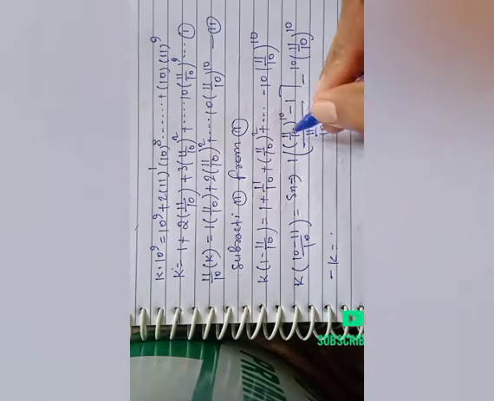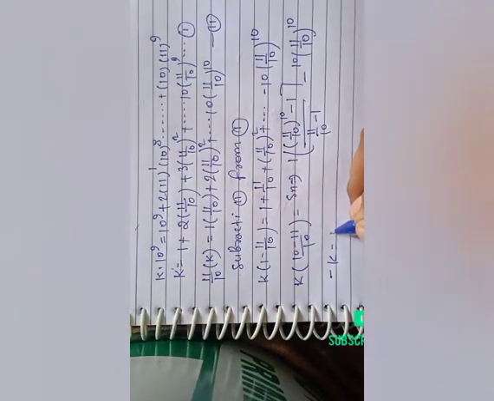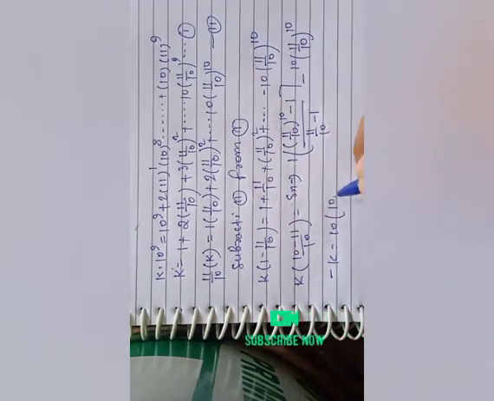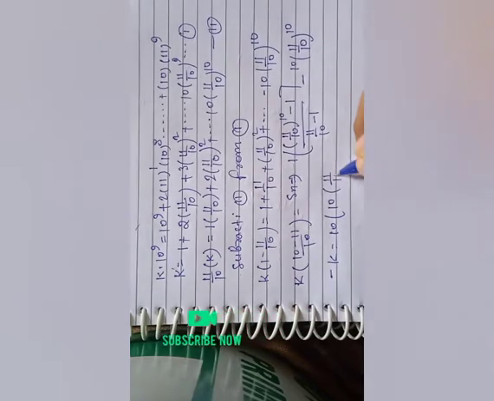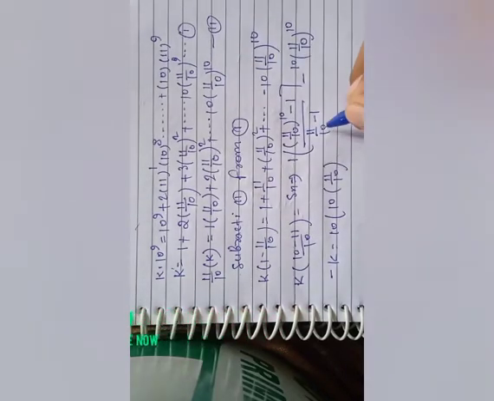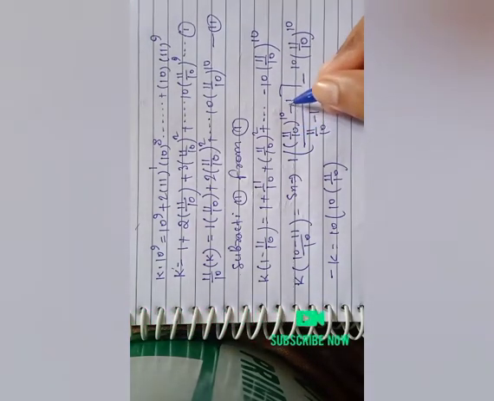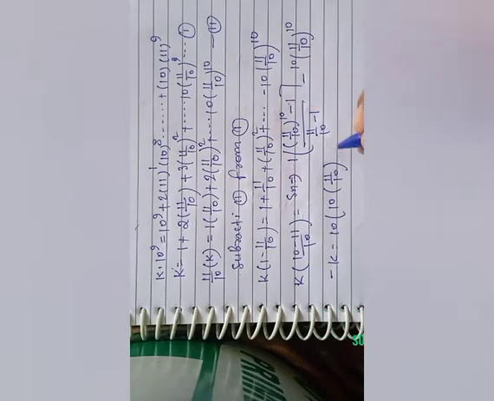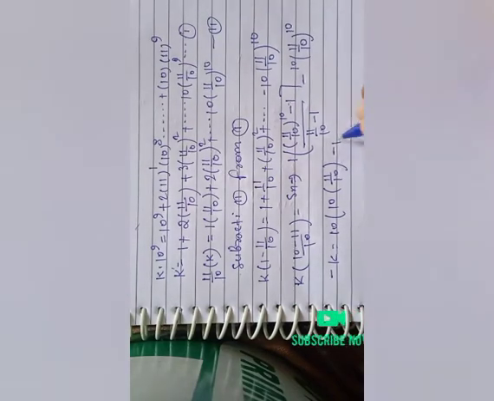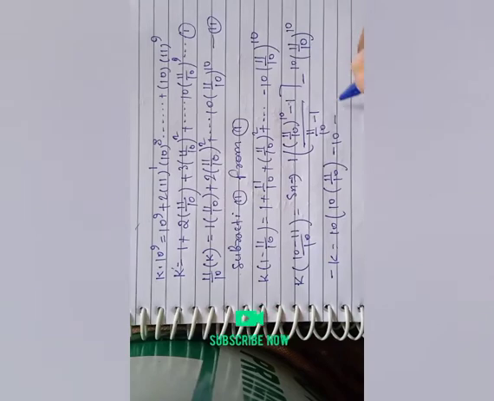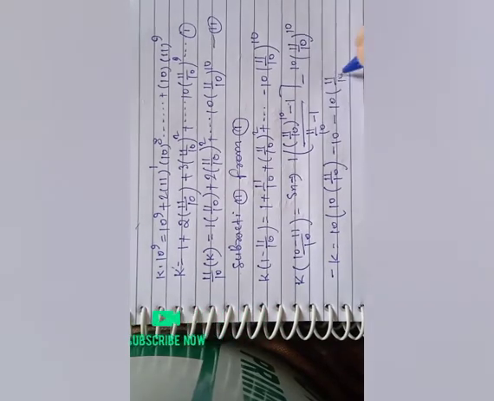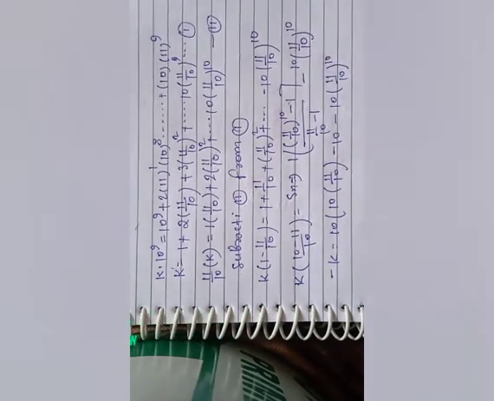Okay, then we can write 10 into 10, 11 to the power 10, minus. 10 will be multiplied here and this will be multiplied here and become minus 10. Okay, minus 10 and this term will be minus 10 into 11 by 10 to the power 10.